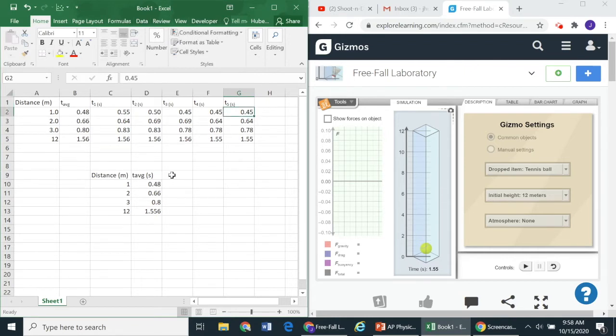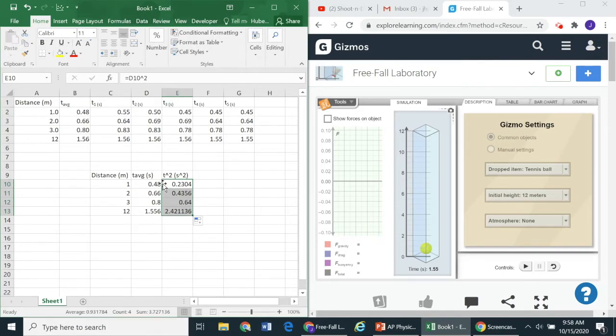And so why am I copying and pasting this? Because remember, you have to have the x variable first and then the y variable, and we have these flipped. But it's also important to realize that I need to do some calculations. And so I'm going to have my x variable first, and that's going to be my time squared, and that'll be in seconds squared. And so I can just use a formula here right quick. I've got my time squared.